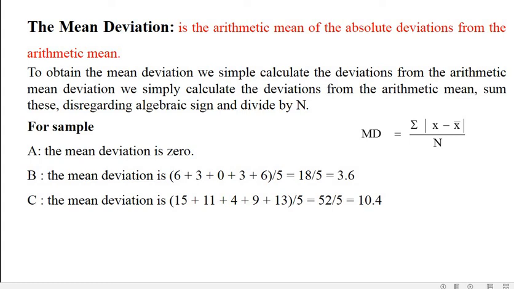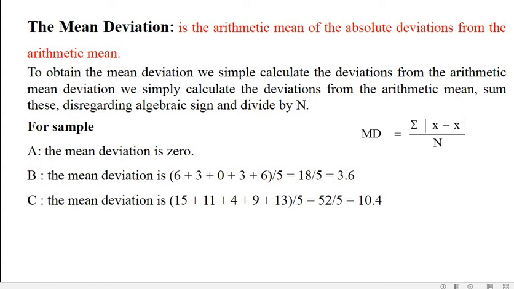As I told you, the variation in sample A was no variation: five numbers, 8, 8, 8, 8, 8. The second one, which is more variable, was 3.6. The third one, which is more variable than B, was 10.4.